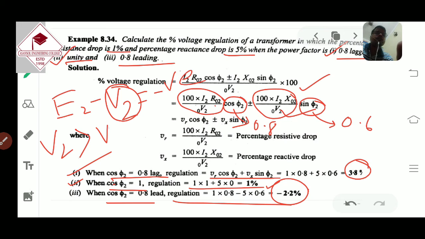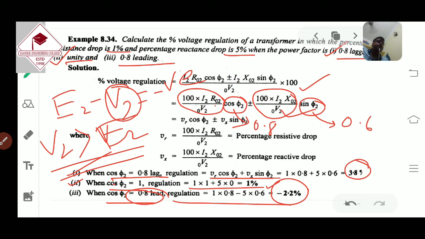So when you put a certain load on the transformer secondary side, after putting that load, the voltage across the load is increased. That is why this is called negative voltage regulation. In case of negative voltage regulation, the voltage will increase instead of decreasing, and this happens only in case of capacitive load, that is leading power factor.